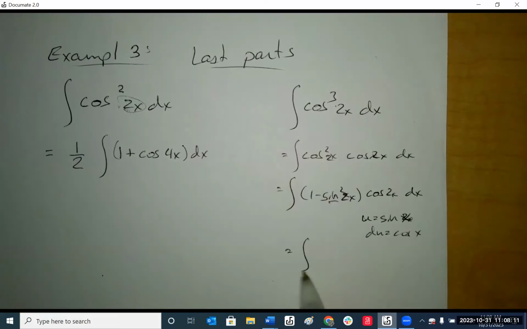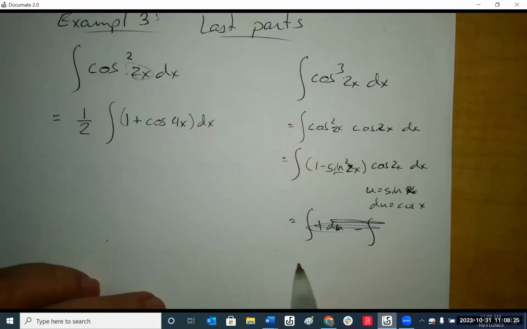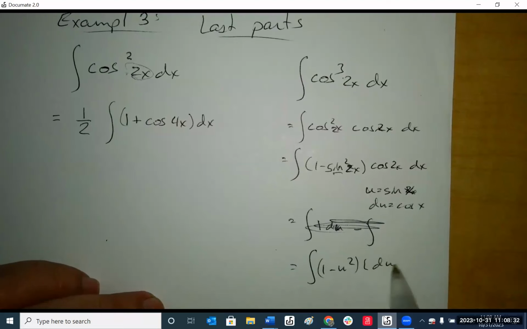I'll get back to that in a second. So we have the integral of 1 du minus the integral of, let me switch them first, 1 minus u squared du.